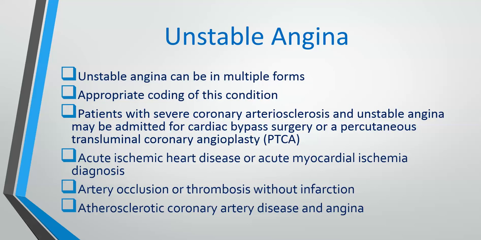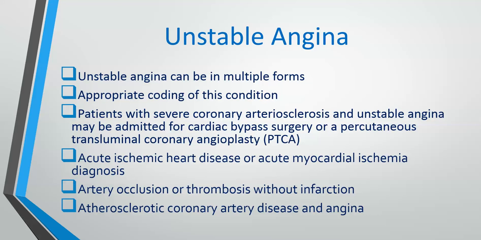In such cases, the combination code for coronary arteriosclerosis with unstable angina is assigned as a principal diagnosis, which relates to ICD-10-CM code I25.110. Some examples of appropriate coding will actually follow.